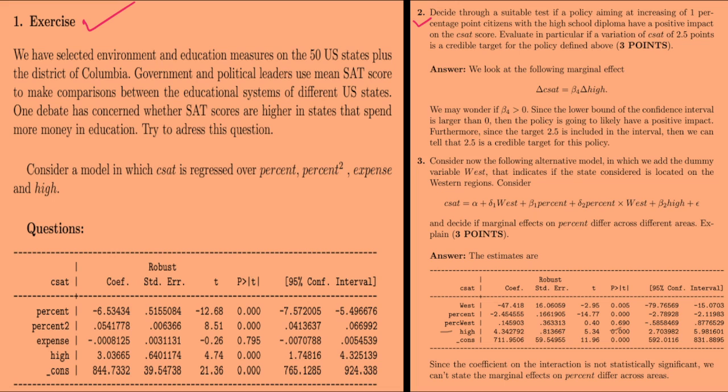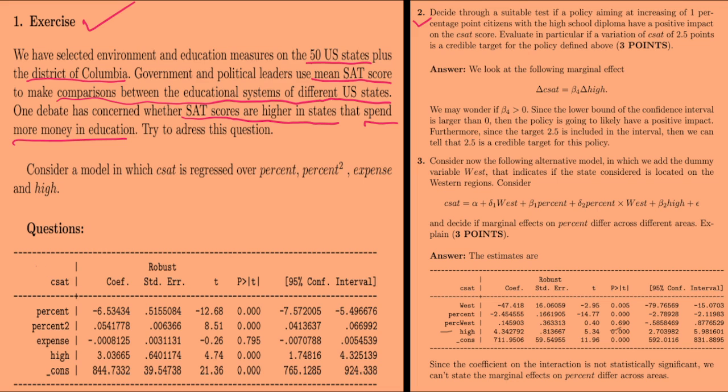The question is that they have selected environment and education measures on the 50 US states plus the District of Columbia. Government and political leaders use mean SAT score to make comparisons between the educational systems of different US states. One debate is that SAT scores are higher in states that spend more money on education.